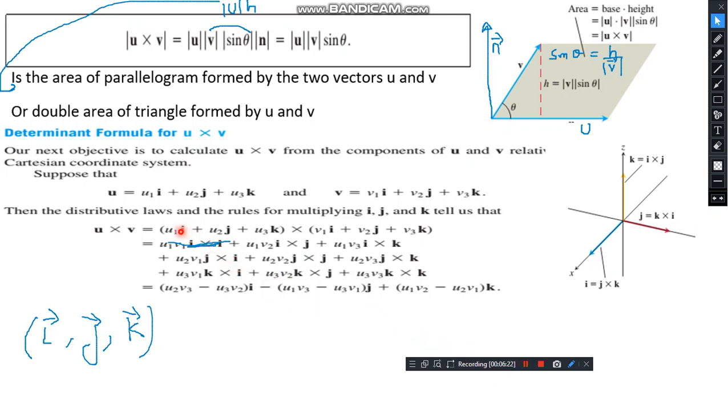If I multiply here, i cross i is 0, i cross j will give you k, i cross k will give you its opposite, minus j, j cross i will give you minus k, j cross j is 0, j cross k will give you i, k cross i will give you j, k cross j its opposite, minus i, and k cross k is 0. You have this form at the end.